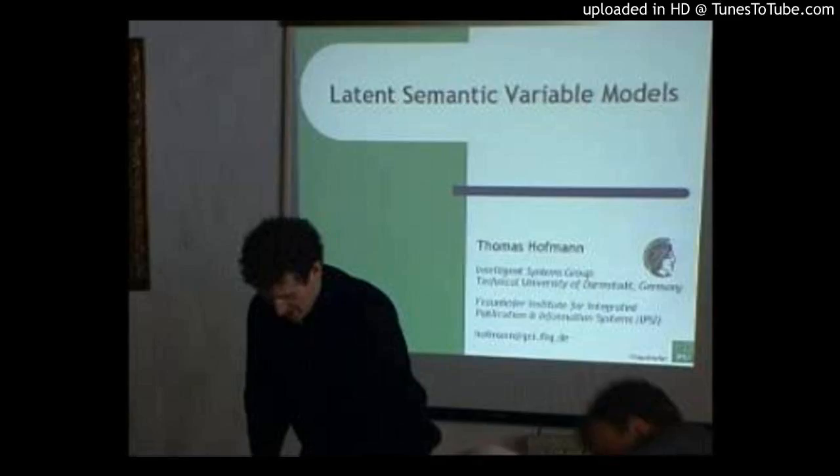Then it's well known that the solution can be read off directly from the SVD. The only thing we have to do, if the matrix is of rank K, is to delete the smallest singular values, set them to 0, and keep only some number Q if we want a rank Q approximation. And we just keep the U and V transpose matrices. That is the solution to this problem.